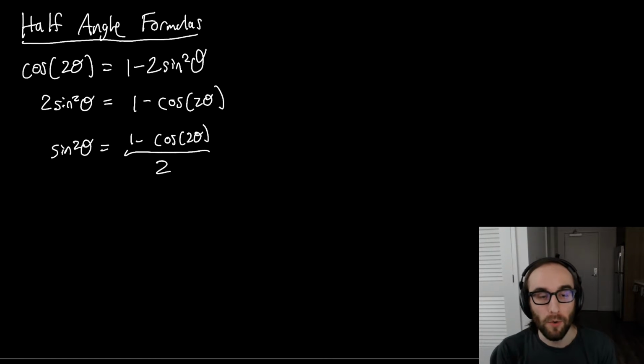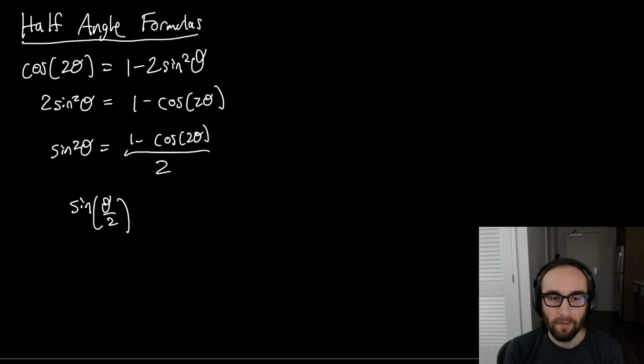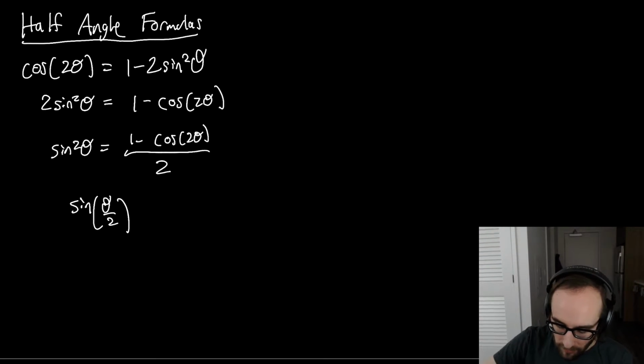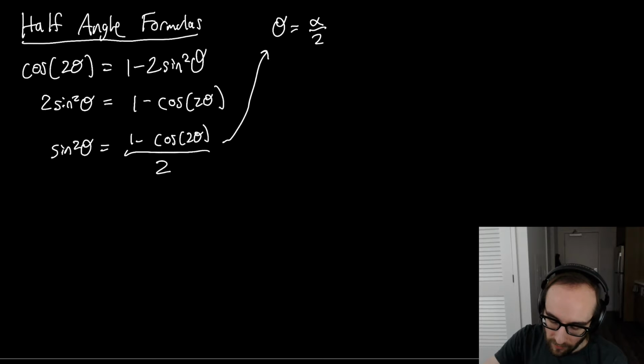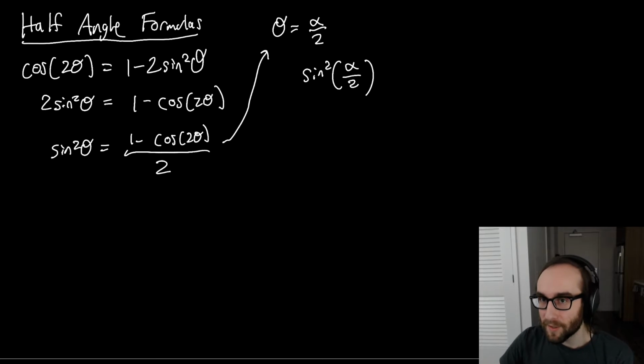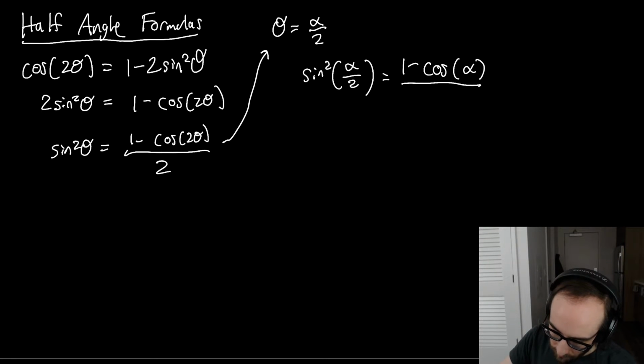Now our ultimate goal is to get sine of theta over 2, our half angle formula. So what we're going to do is replace theta with alpha over 2. Because then on the left side, we have sine squared of alpha over 2. So we're close to sine of alpha over 2, or sine of some angle divided by 2, is equal to 1 minus cosine of, if we take alpha over 2 and multiply it by 2, we just end up with alpha, all over 2.